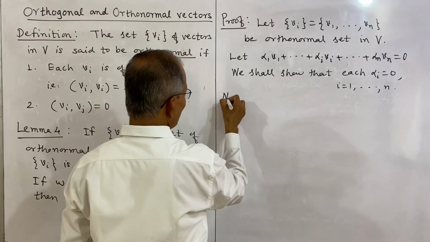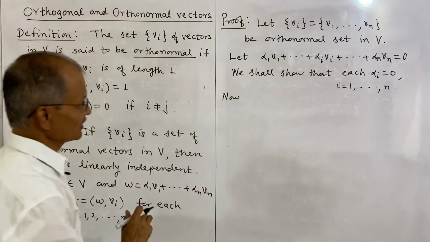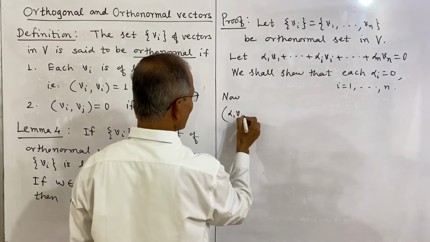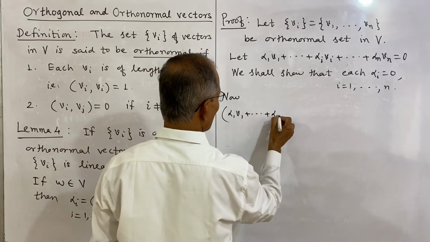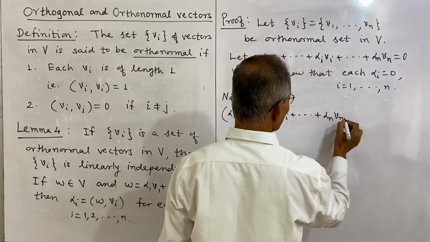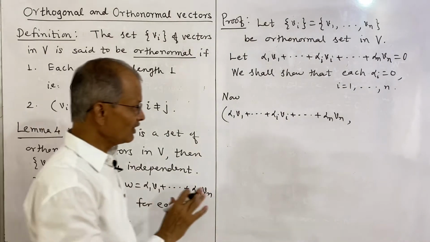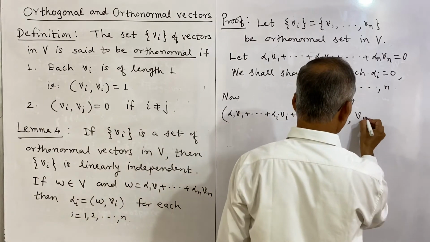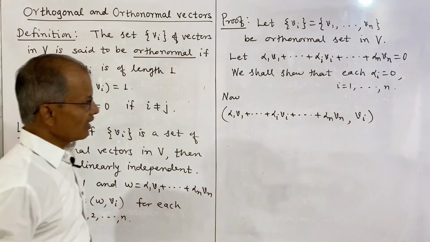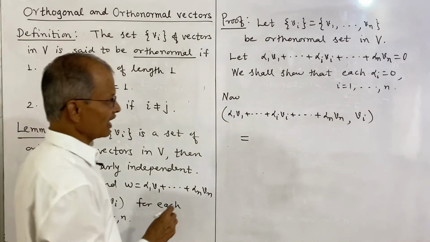Now we will take the inner product of this combination, alpha 1 v1 plus so on up to alpha i vi plus alpha n vn, with vi. This is one vector, a combination of v1 to vn, and we take its inner product with the vector vi, any vector of this set.